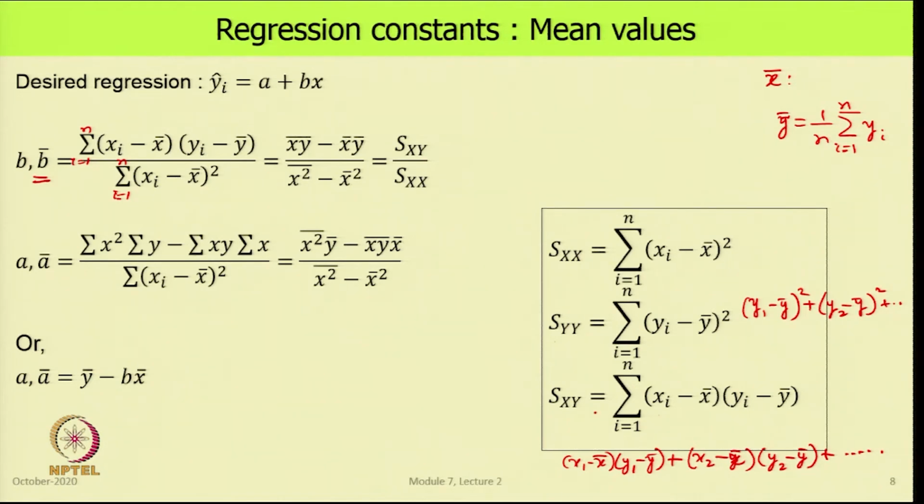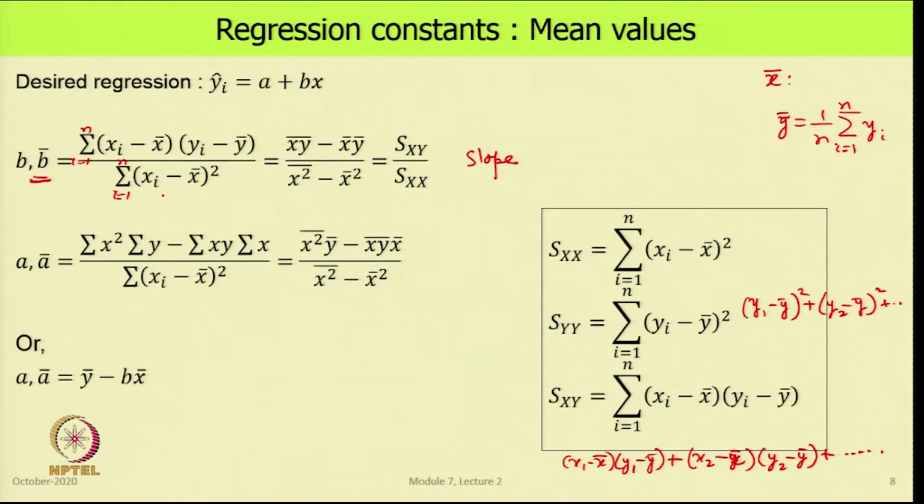So, in that definition, the mean value of the slope B is Sxy upon Sxx. And you can see here that this will have the units of y divided by the units of x. So, when we put it there, this whole term will have units of y, which is consistent.